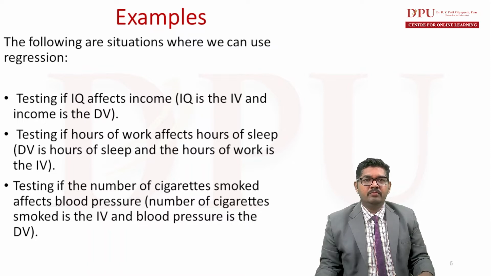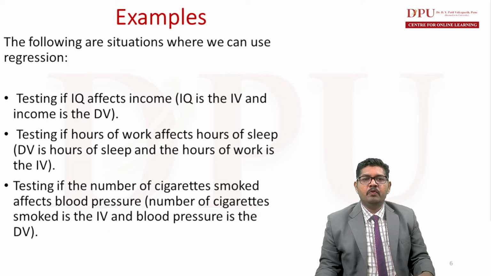This is our assumption, our hypothesis. So what is affecting what? The variable which is affecting the other variable is the independent variable, and the variable which is being affected is the dependent variable. In this case, IQ is the independent variable and income is the dependent variable.